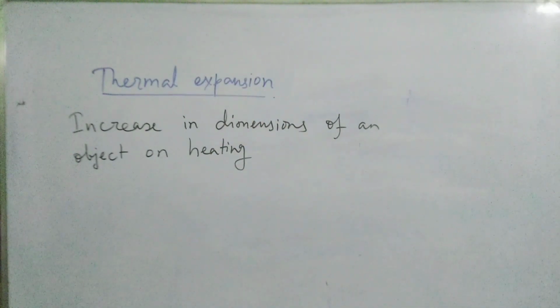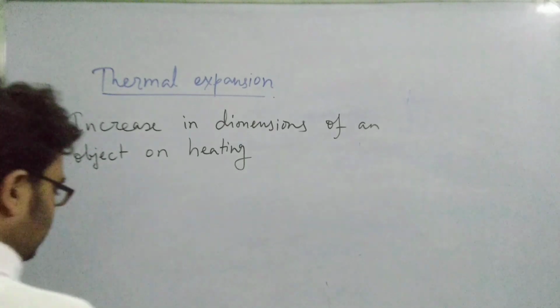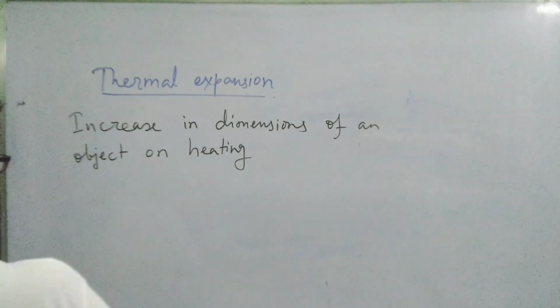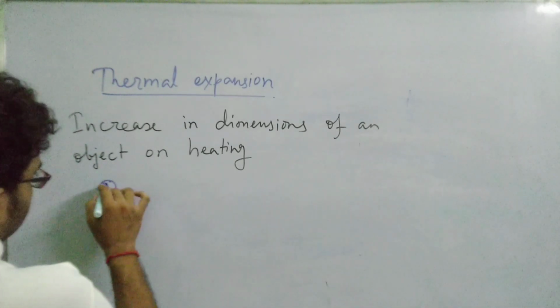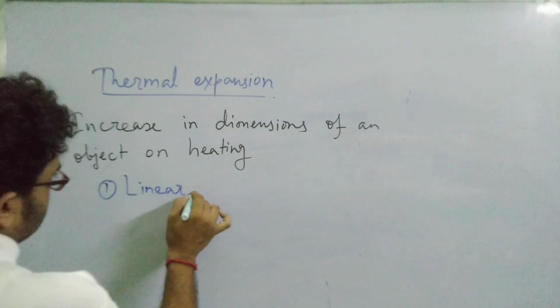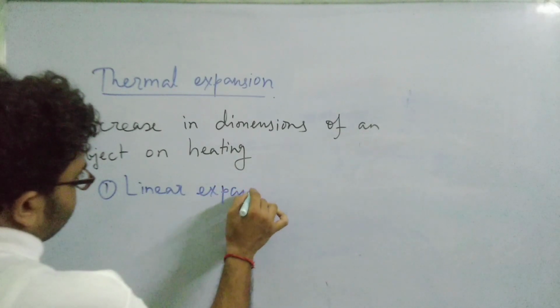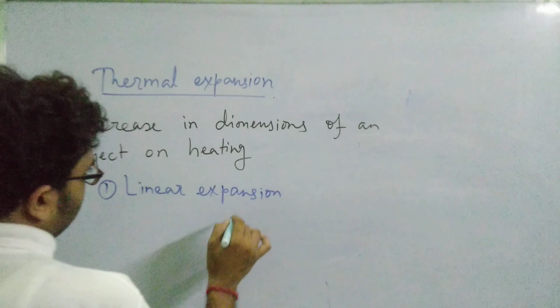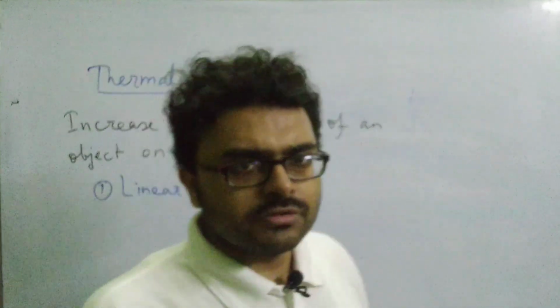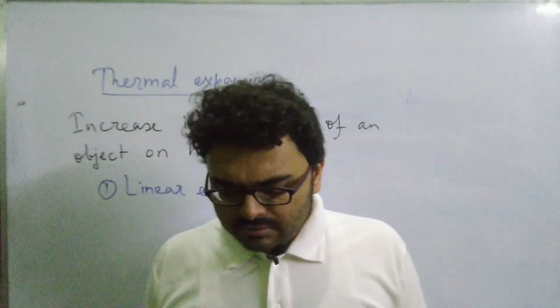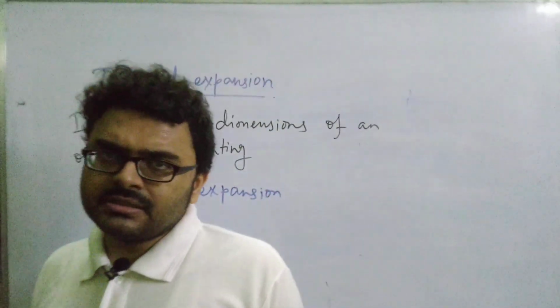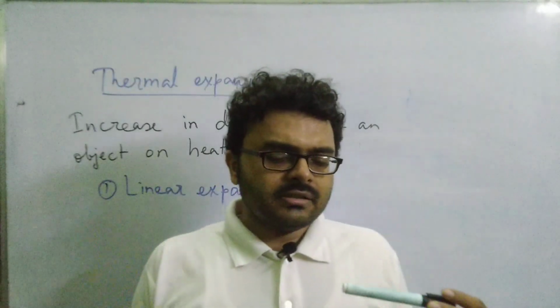Basically there are three kinds of thermal expansion. One kind is called linear expansion. What is linear expansion? If you have an object like a rod or a structure like this pen, the length of this pen is far greater than the other two dimensions.